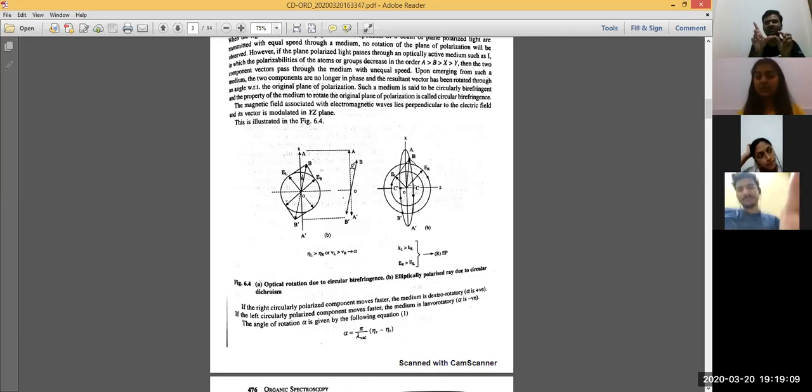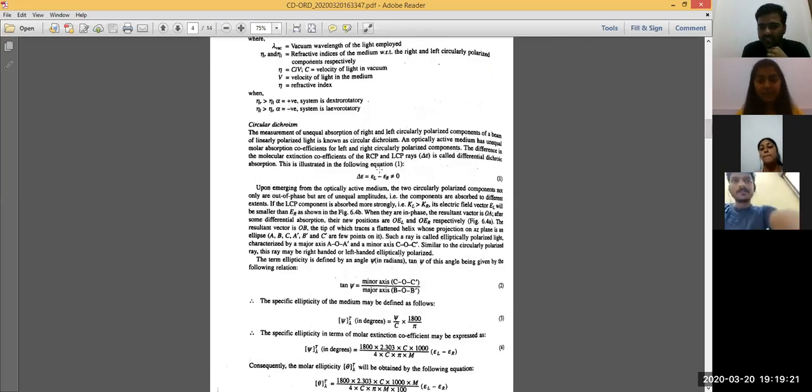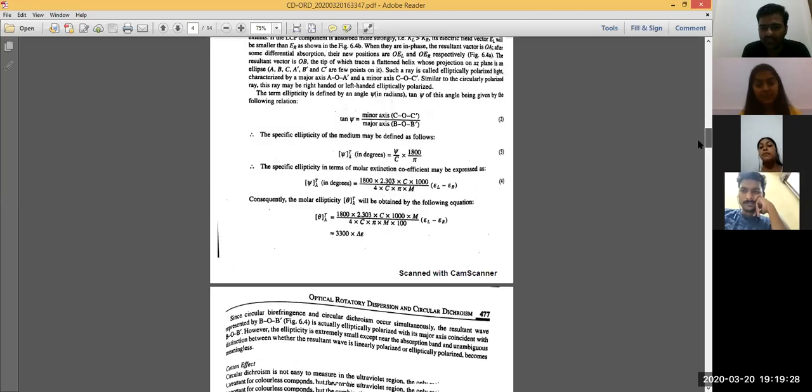So there is a relationship between difference in the rate of absorption of LCPL and RCPL with the ellipticity of the light coming out. So what they've tried to do here is they've tried to convert the difference in absorption, that is delta epsilon, into a factor called ellipticity that can be measured.